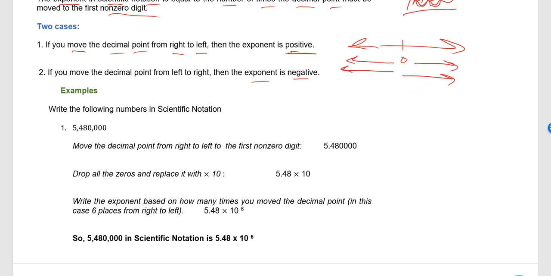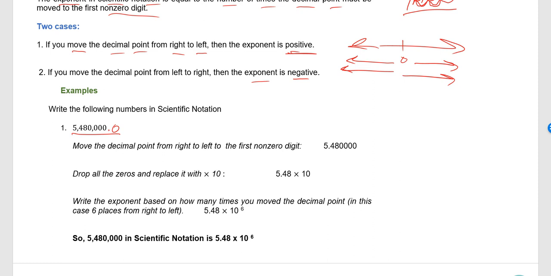Let's look at some quick examples. Write the following numbers in scientific notation. So 5,480,000. In this case, it's a very large number, and this is equivalent to 5,480,000.0. So this is the point.